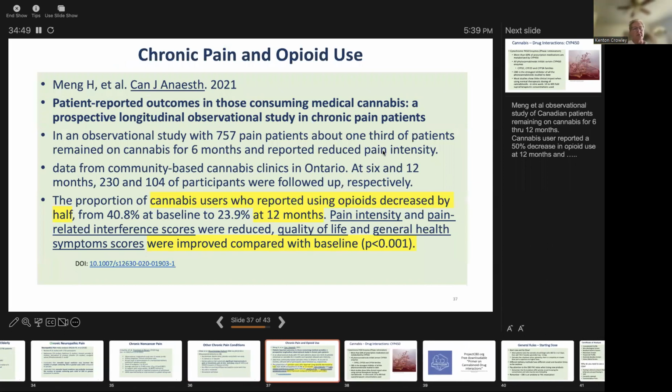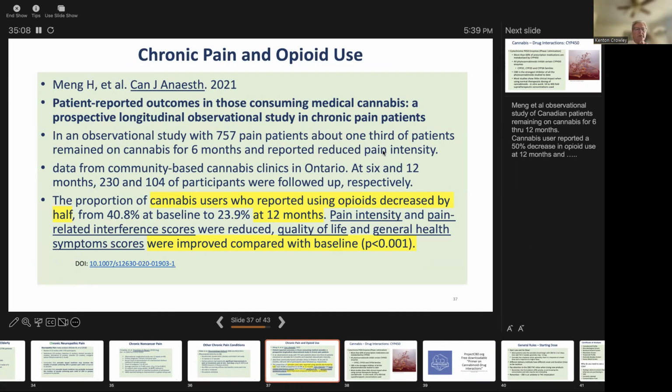Ware published a patient-reported outcome study in those consuming medical cannabis, a prospective longitudinal observational study of chronic pain patients in Canada.